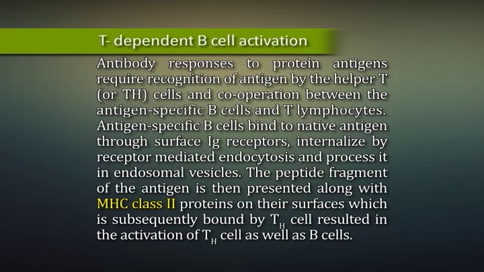The peptide fragment of the antigen is then presented along with MHC class II proteins on their surfaces, which is subsequently bound by T cell, resulting in the activation of T cells as well as B cells.